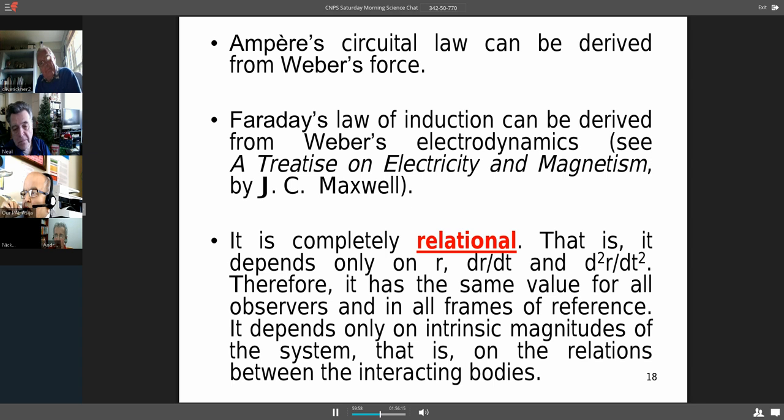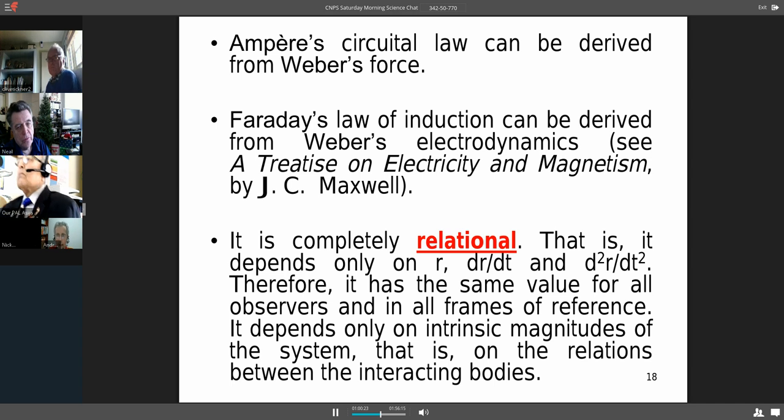This is what I call relational, because, for instance, in classical electromagnetism, the opposite of Weber is the Lorentz force law, qE plus qv cross B, charge times the electric field plus charge, velocity, times the magnetic field.